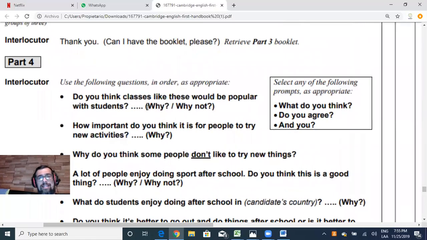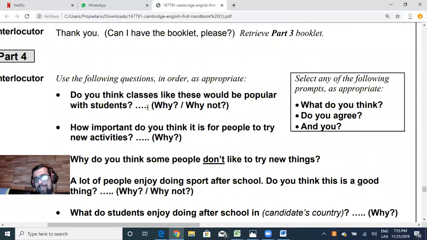Do you think classes like this will be popular with students? Why or why not?